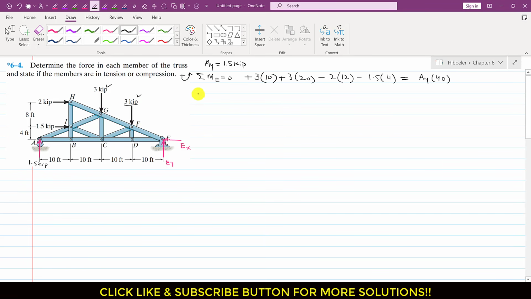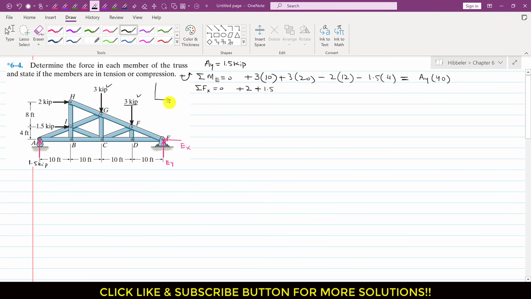Similarly, to find EX and EY, I apply the summation of forces along X equals 0 to this whole truss. First, this 2 kip is acting in the positive direction, so I will write plus 2. This is also acting in the positive X direction, plus 1.5.